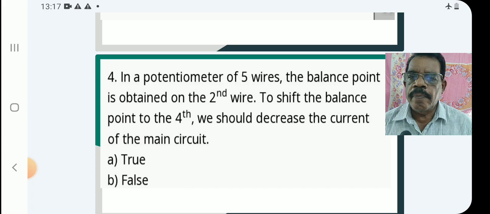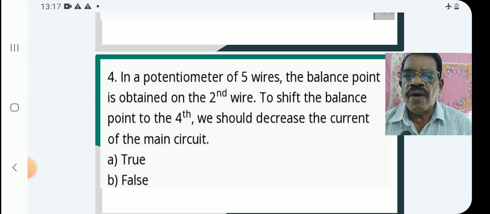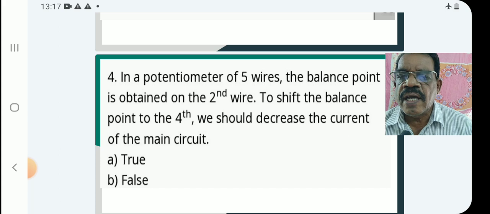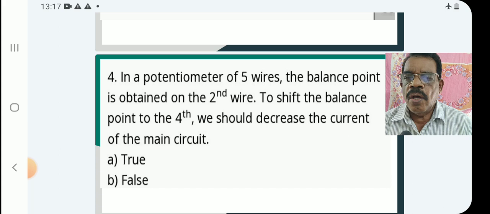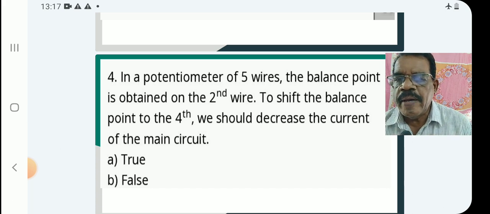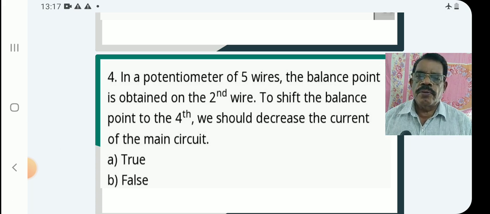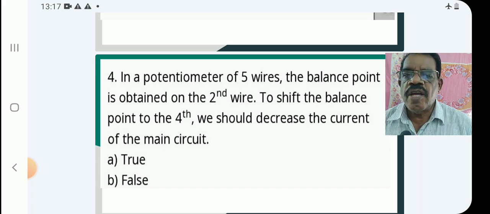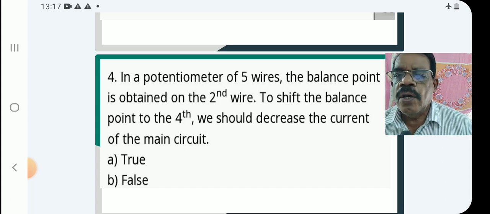Next problem. In a potentiometer of 5 wires, the balance point is obtained on the second wire.